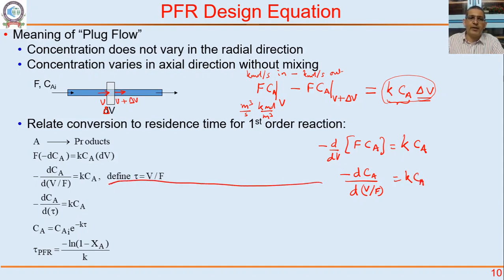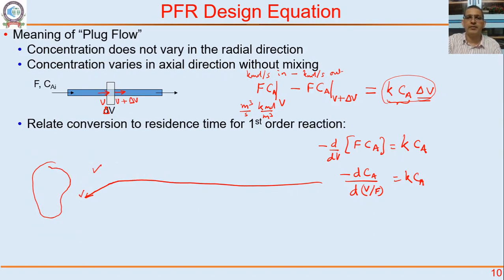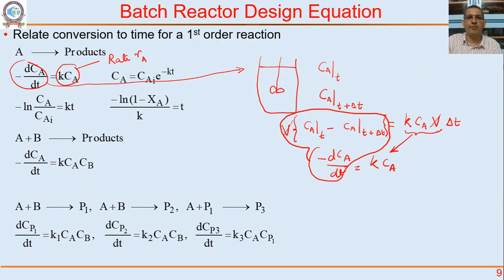The important point that I am trying to say is the left hand side is coming from material balance. It's about how many moles are disappearing, whereas the right hand side is our rate of reaction. So for a first order reaction, it is kCA, right? Recall this as well as our batch reactor. Left hand side is material balance, right hand side is rate of reaction.